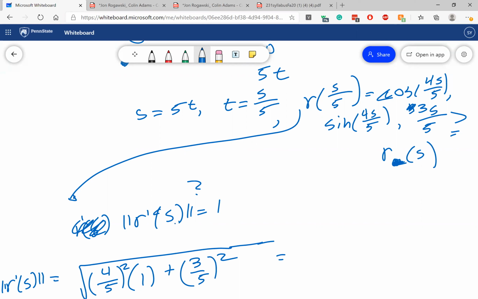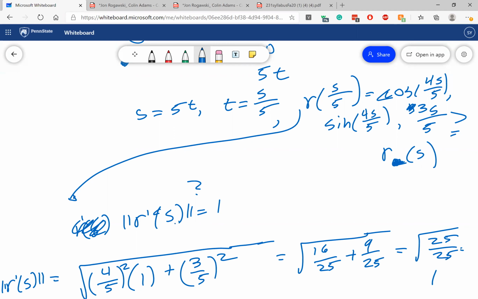Then this will be the square root of 16 over 25 plus 9 over 25, which would be the square root of 25 over 25, which would be equal to 1.